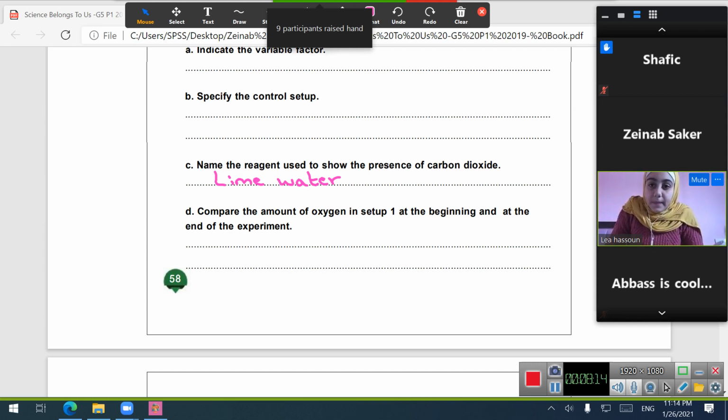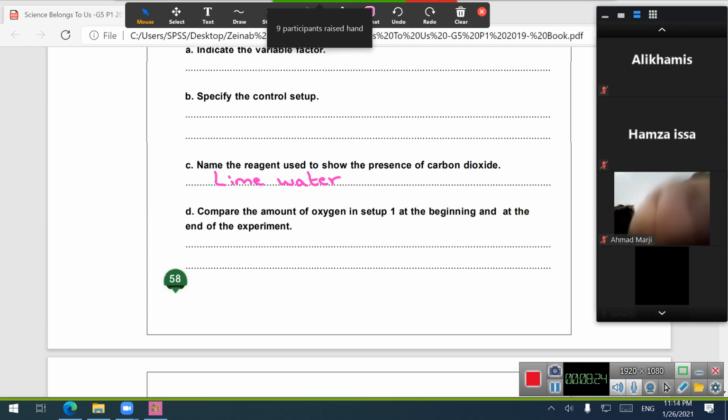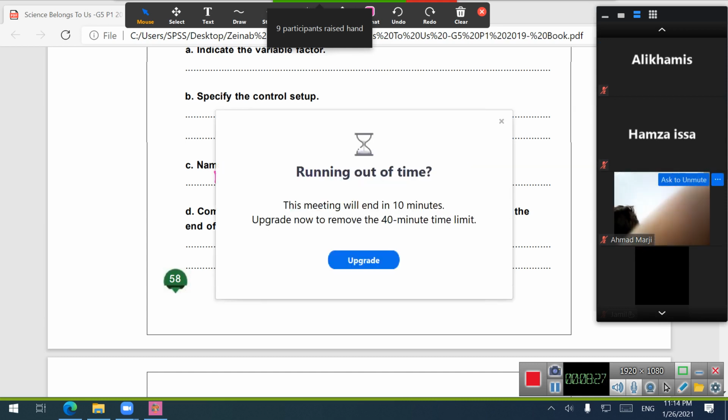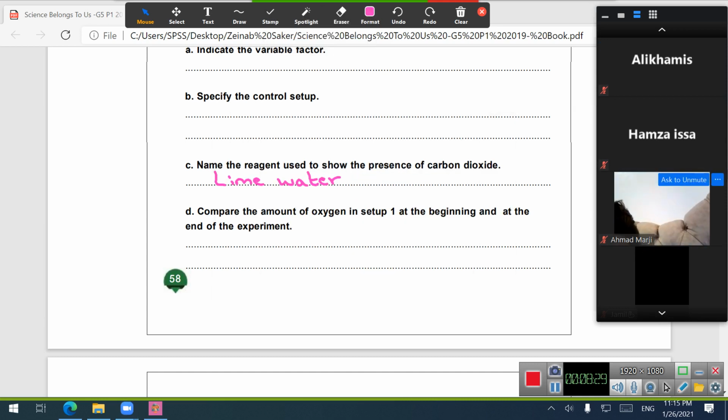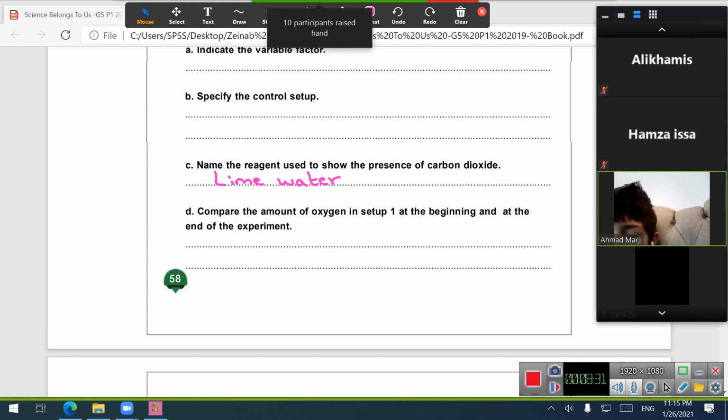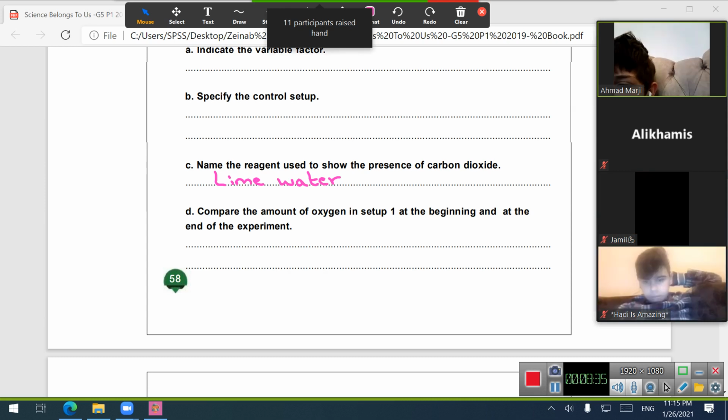So the quantity of oxygen was 21 at the beginning of the experiment, which is greater or smaller? Ahmad Marji, can you tell me if 21 is greater or smaller than 18? Okay, thanks Ahmad. You can mute yourself again, please.